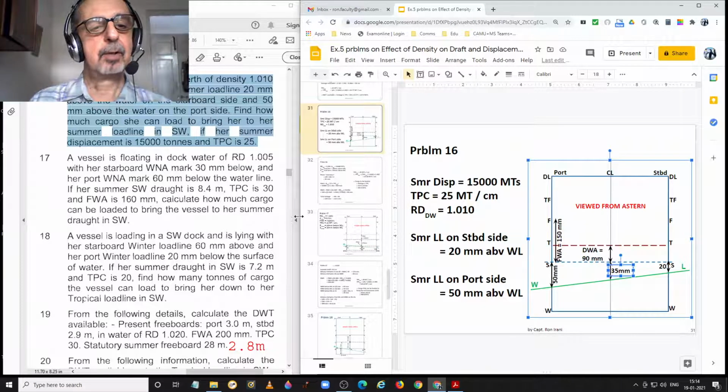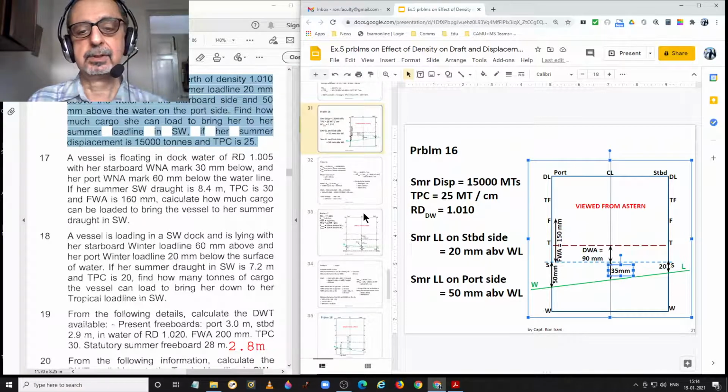To find the dock water allowance, we first have to find her freshwater allowance. And we know the freshwater allowance by formula is equal to displacement divided by 4 times the TPC, and the answer will be in millimeters. And the dock water allowance formula is freshwater allowance times the difference of the two relative densities divided by 0.025.